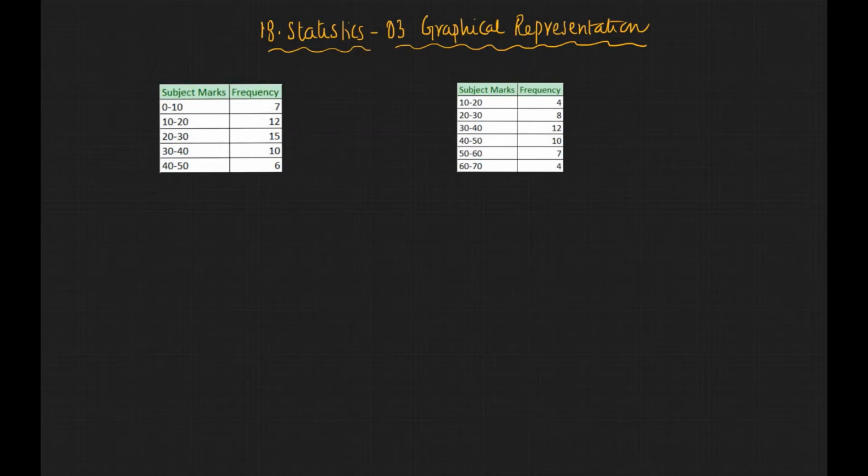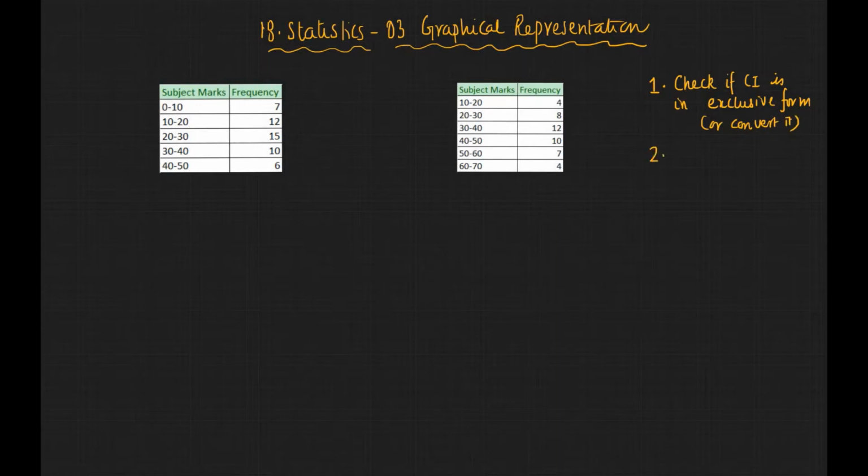So in this we are going to follow certain steps. The first thing you need to do is check if the class interval is in exclusive form. If not, you have to convert it.